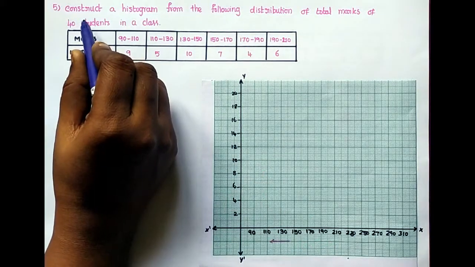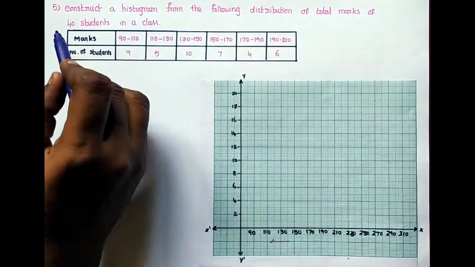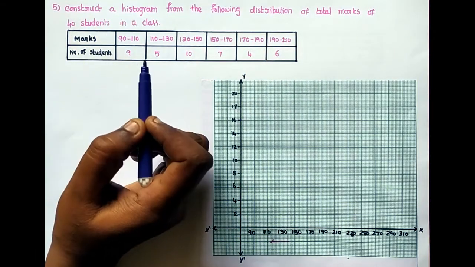Fifth sum, construct a histogram from the following distribution of total marks of 40 students in a class.